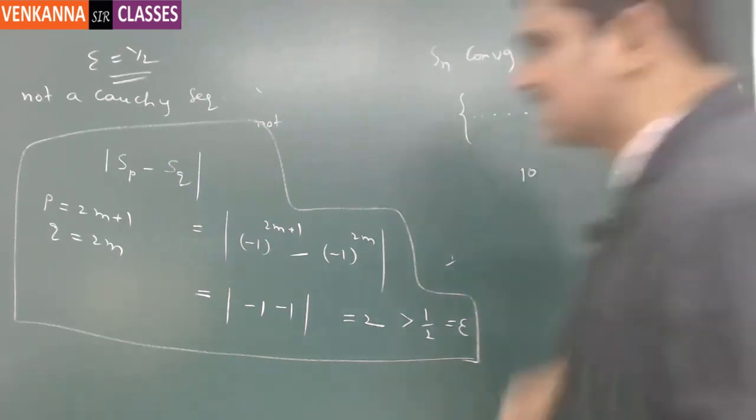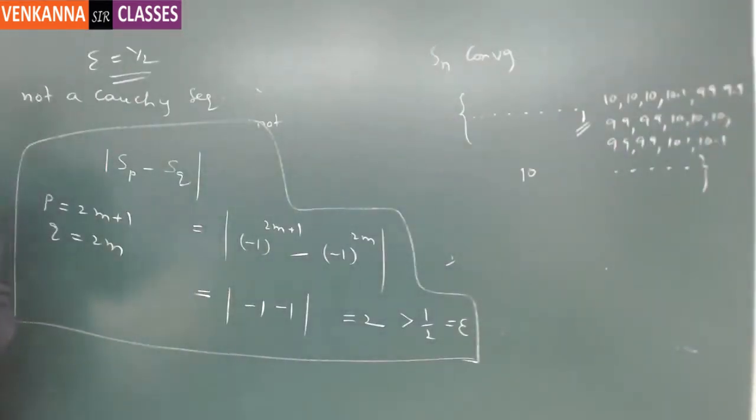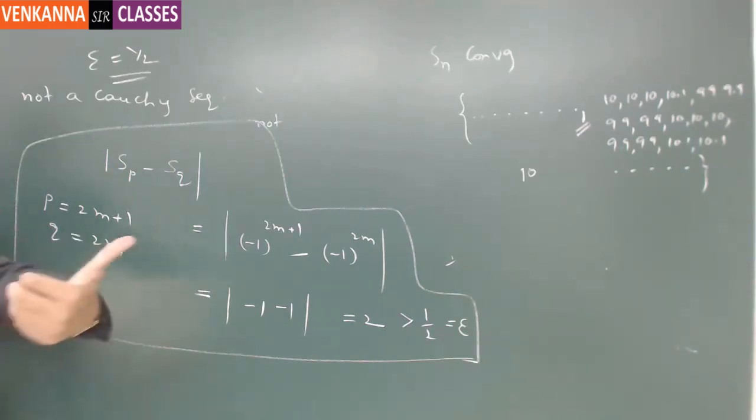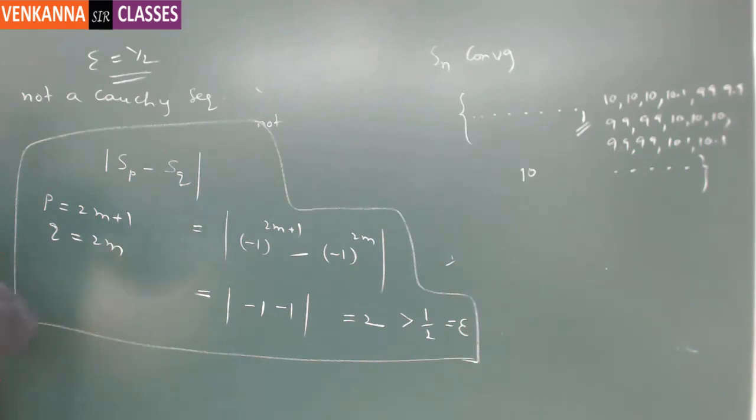In this way the sequence is going on: 10, 10, 10, 10.1, 9.9, 9.9, 9.9, again 10, 10, 10, like that. The limit is 10.